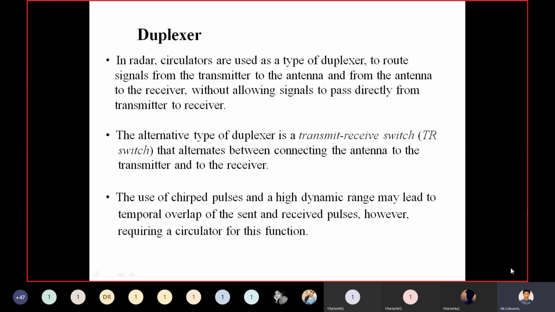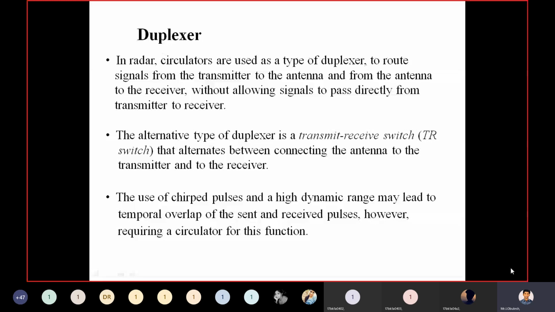It routes the signals from the transmitter to the antenna and from the antenna to the receiver without allowing signals to pass directly from transmitter to receiver.